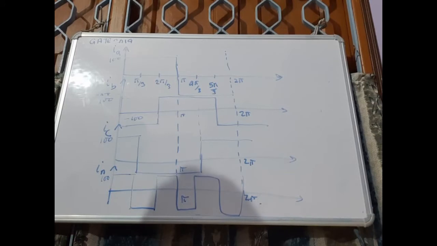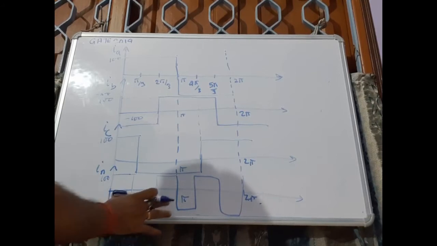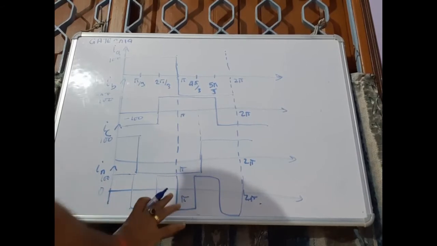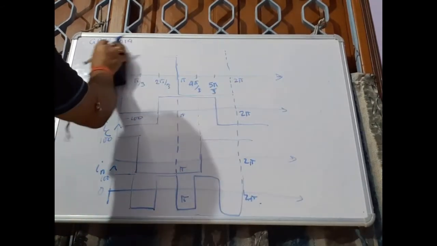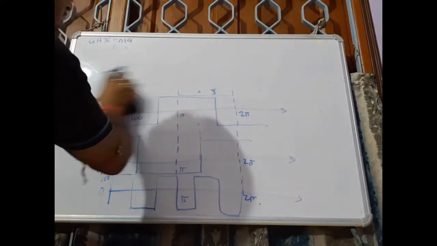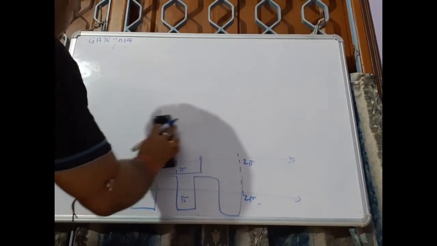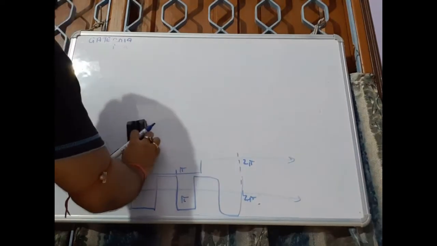In the question we are asked for the RMS value of neutral current. So if I take 0 to pi, if I erase these things, we don't need this anymore, we only need the IN.